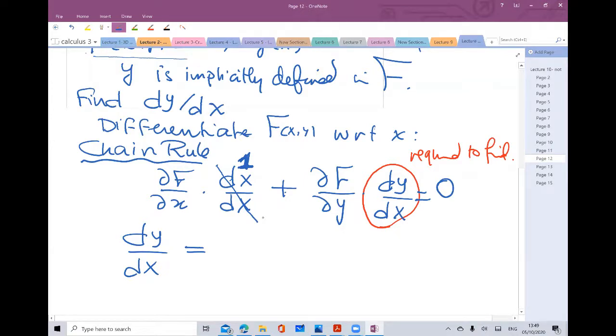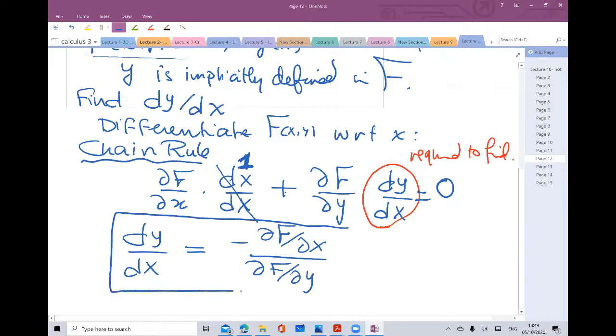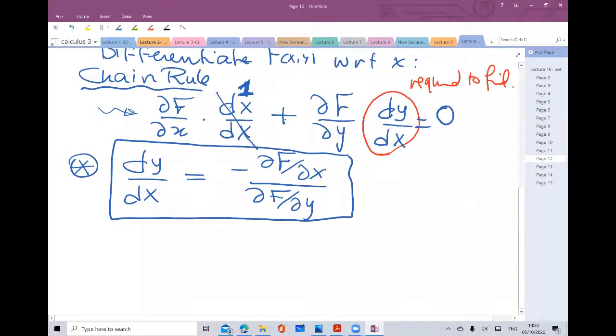So I'll end up with minus partial F partial x over partial F partial y. This is another way to do implicit differentiation. You usually did it the other way and solved for dy by dx, but now you can do it directly using this relation. You don't need to apply the rule.